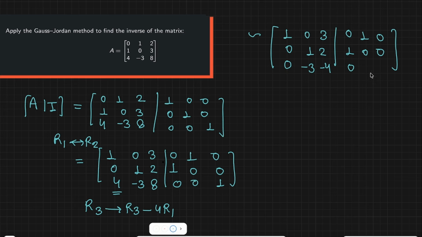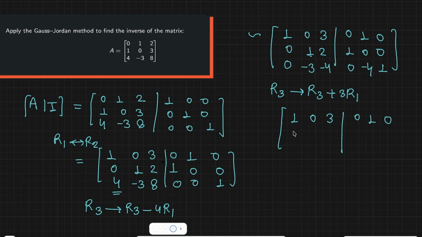This is 0 -4, this is minus of 4, this is 1 -0. Now using this, make this entry 0. So I will apply R3 interchange with R3 plus 3 R1, because it is already minus. So 1 0 3, it is your 0 1 0, then 0 0. Okay, using this I will make it 0.